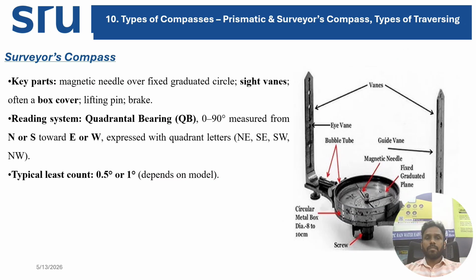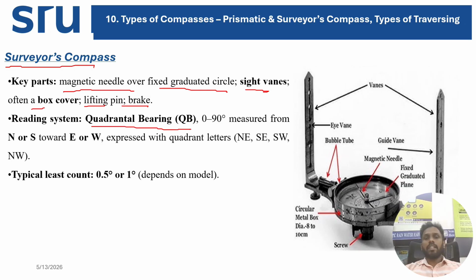Now we are going to see the surveyor's compass. This is similar to your prismatic compass, but it has vanes in both directions. The key parts are the magnetic needle over a fixed graduation circle and sight vanes, often a box cover, lifting pin, and brake. Most of the parts are common. The major difference is the reading system, the quadrantal bearing system.